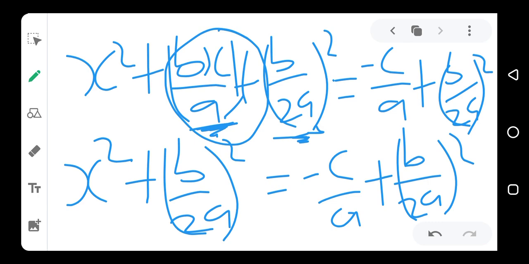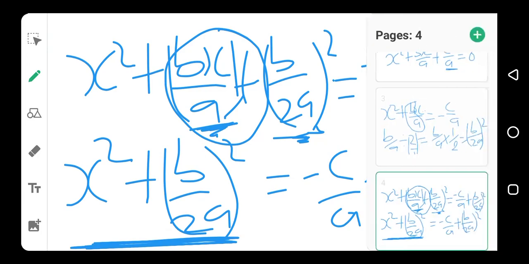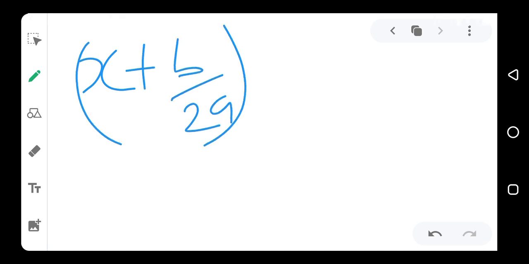Now in the next step, we are going to factorize the left hand side and put everything in one common bracket, and square it. So we are going to have x plus b over 2a. We have x squared here and x squared here, so we bring the power out and put everything under one bracket.